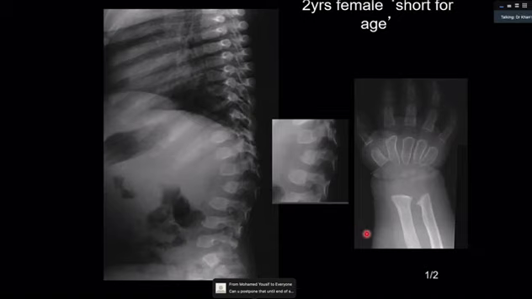What's happening to the metacarpals? Is there a pattern to that which can help you? So the metacarpals are a little bit elongated and widened.